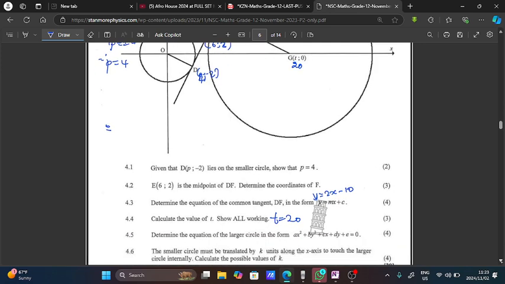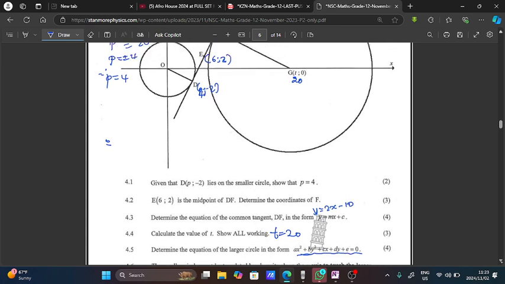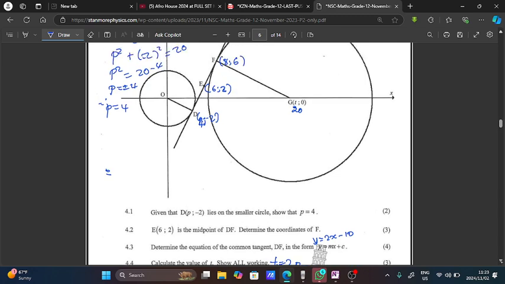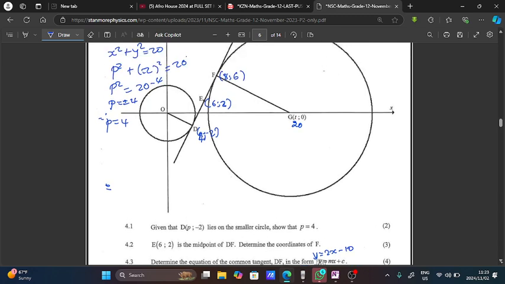Let's move on. Determine the equation of the larger circle in the form of this one. So you have the center and then you can get the radius. Can you get me the standard equation first?